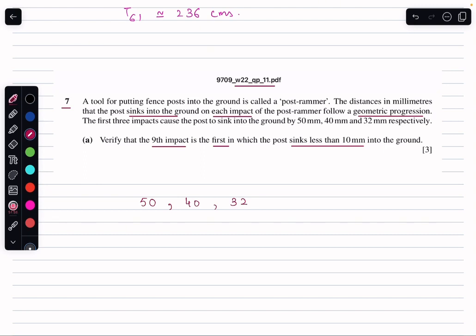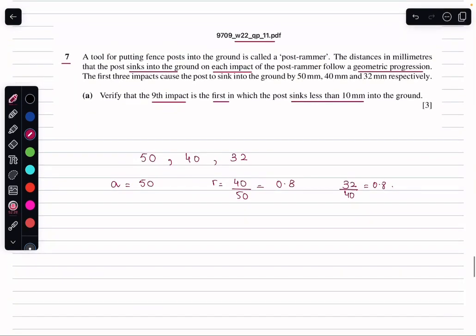From the three terms that I have, I know that my a value is 50. My r value is going to be 40 divided by 50, which is 4 by 5, or 0.8. Even 32 by 40 gives me 0.8. So we are talking about the ninth impact, and we know for a geometric progression, the terms are given as a r to the power n minus 1.